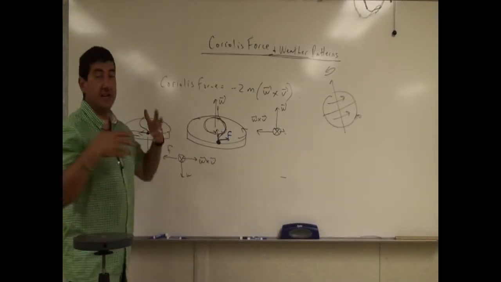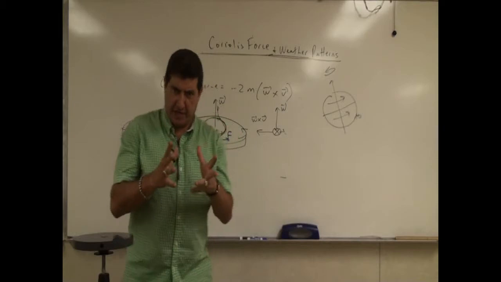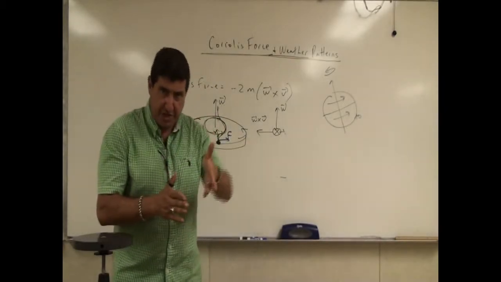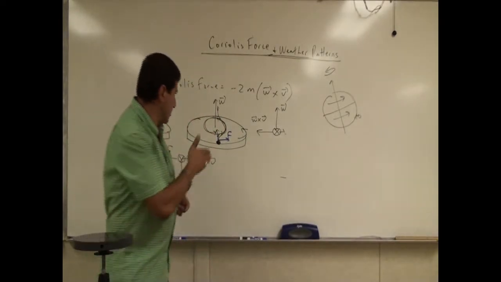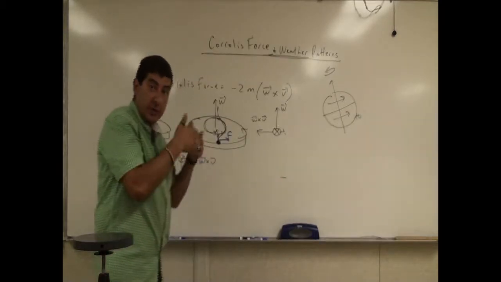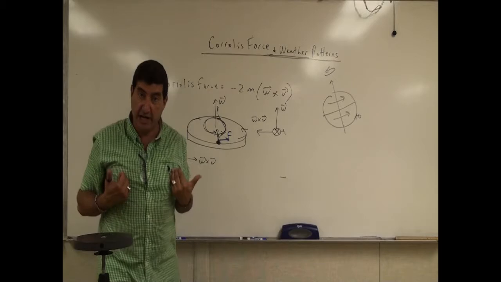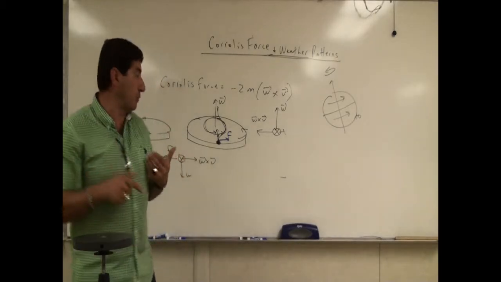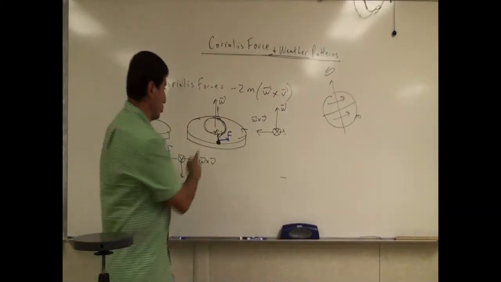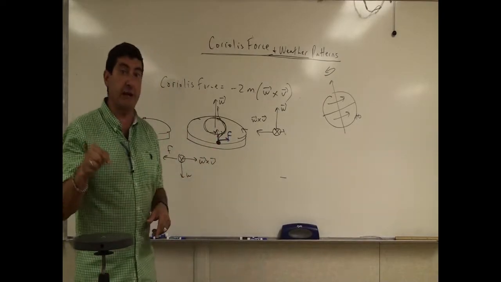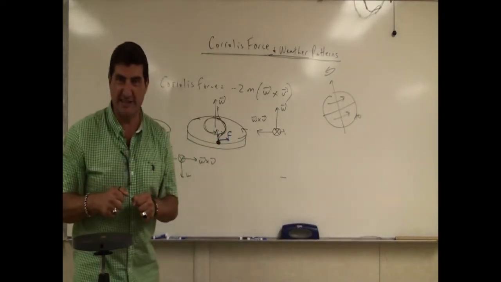Now, I hope that the video has helped you clarify a little bit more about how this pattern is developed. So even though the object is traveling in a straight line with respect to the table, because the table is rotating with respect to us, that causes the overall path of the object with respect to us to look curved. But the path of the object with respect to the table is a straight line. You see?